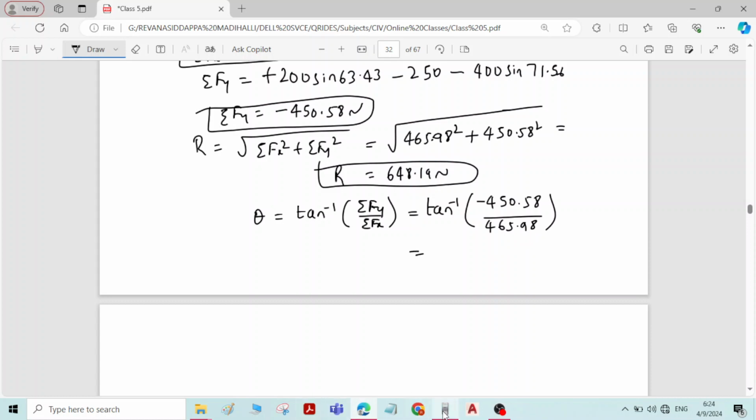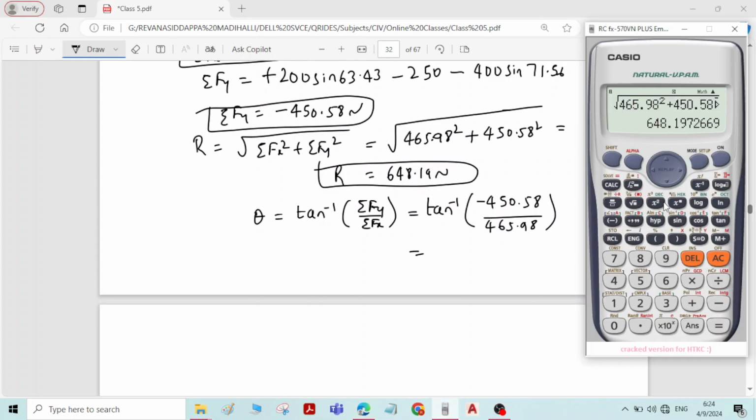Therefore tan inverse of 450.58 divided by 465.98 is minus 44.03 degrees.